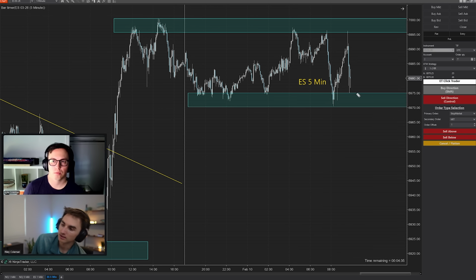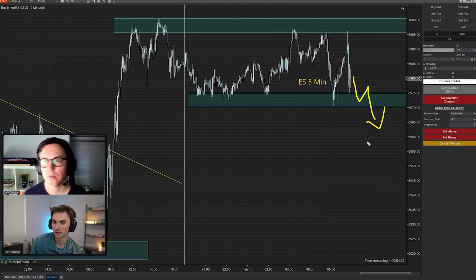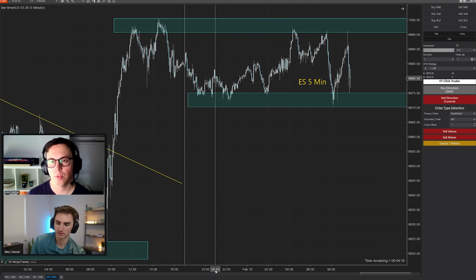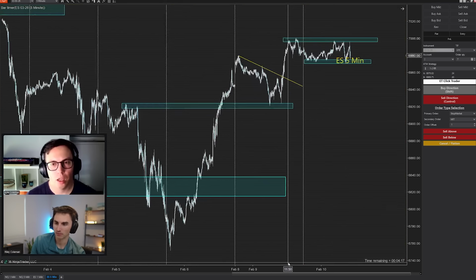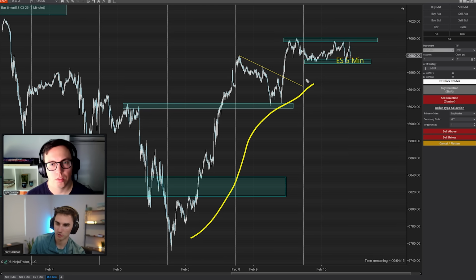The main thing is I want to see how it reacts to these zones. If it comes down here, is it going to bounce and I can get a swing? Or is it going to come down here, bounce, and then break, and the move for the day goes lower?